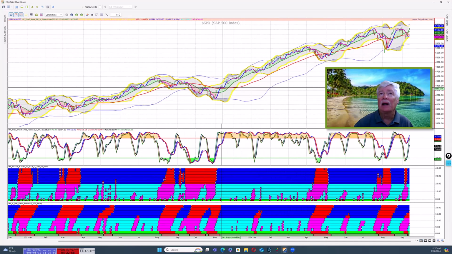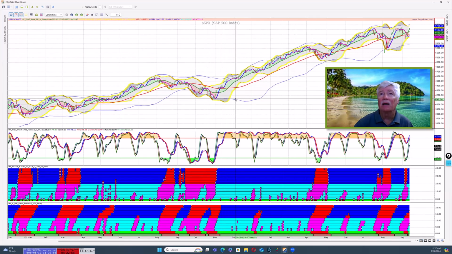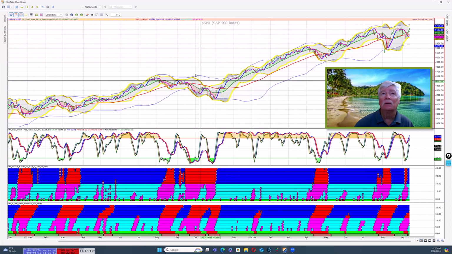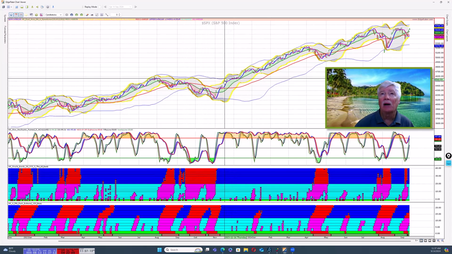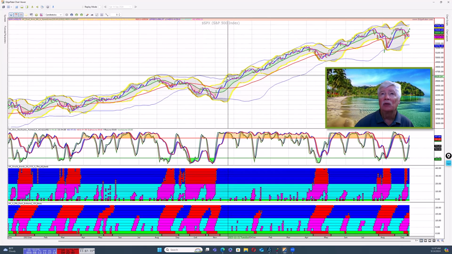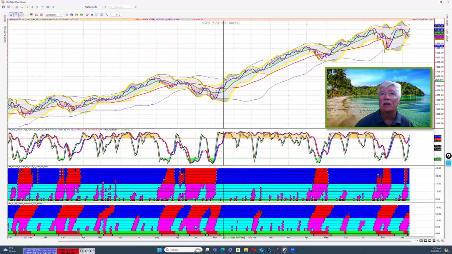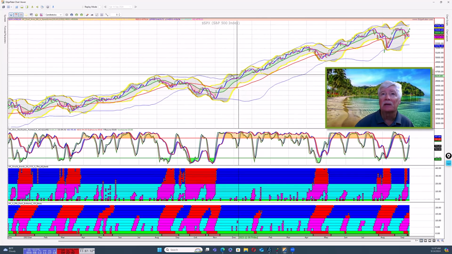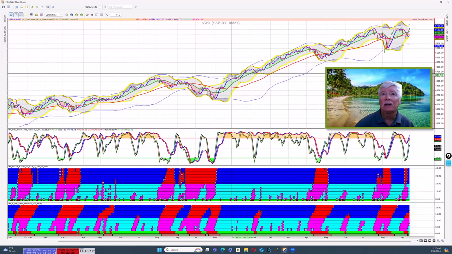These are speed lines. The blue bands are 60-period Bollinger bands. So what I end up doing is I end up coloring when the 20-period gets above the 60-period Bollinger bands. That's a little area that sort of concerns me.